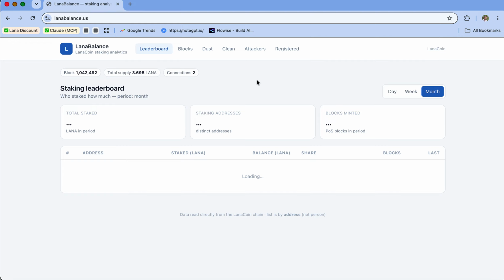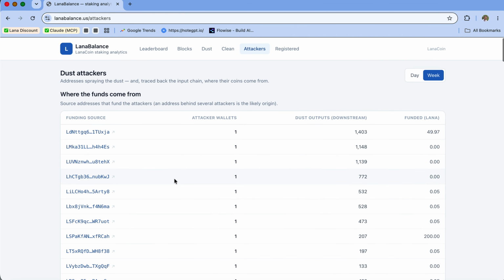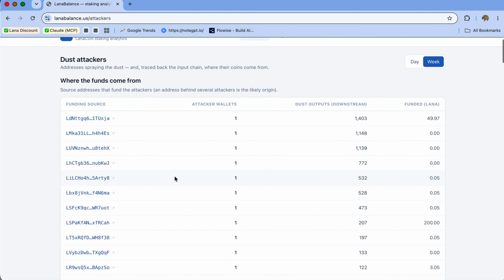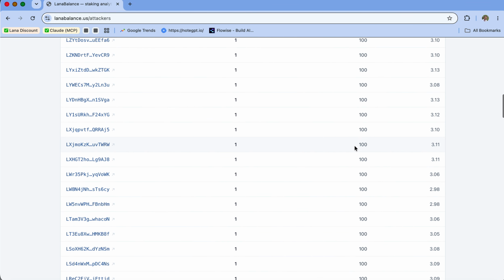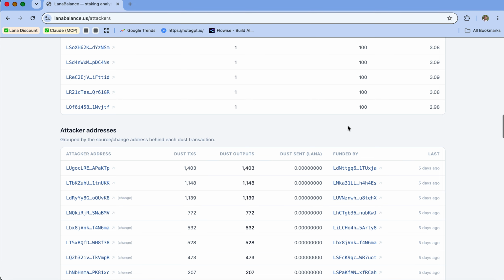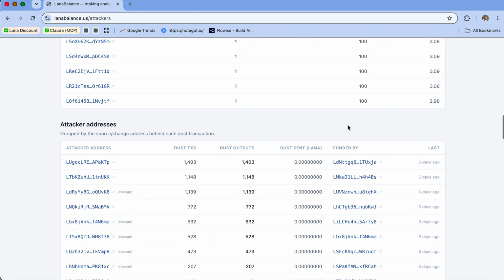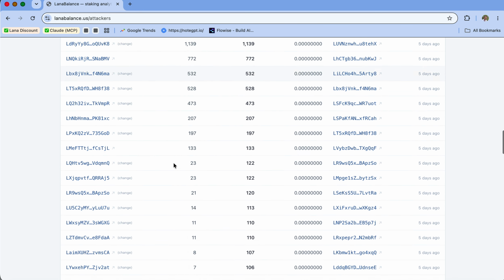So these wallets for sure have been used for attacking. And there have been many of them. So it's not only one, but it has been used intentionally to go with small amounts. And here is also which change.